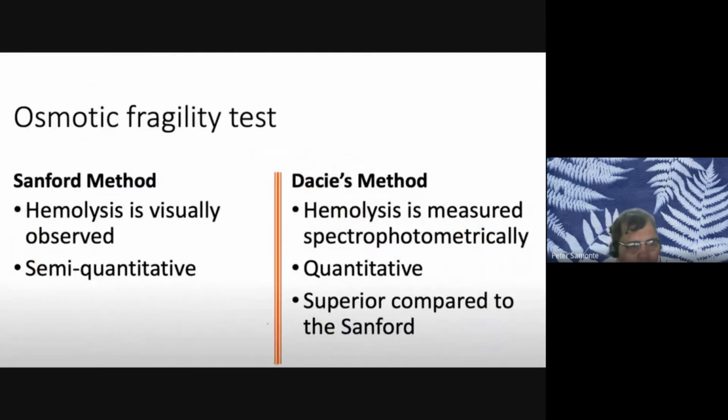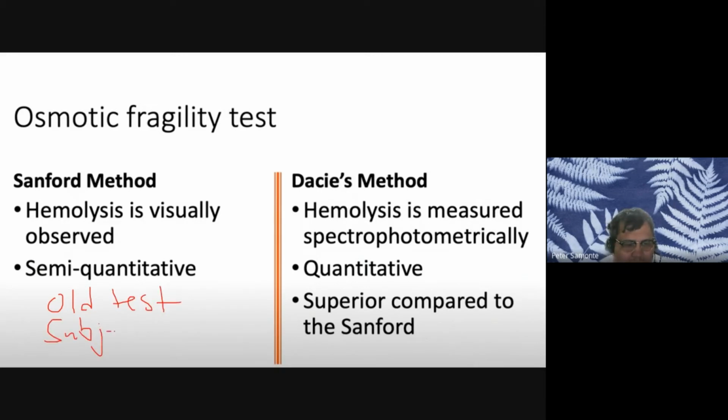So there are two known methods, class, for your osmotic fragility test. The first one is your Sanford method. The second one is your Dacie's method. Now, in your Sanford method class, this is an old test. This is a subjective test.